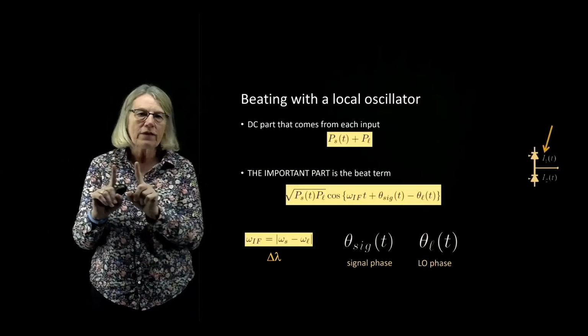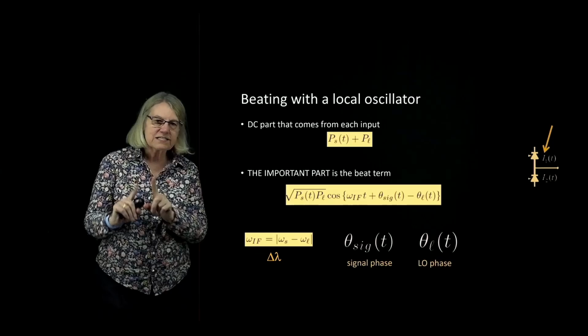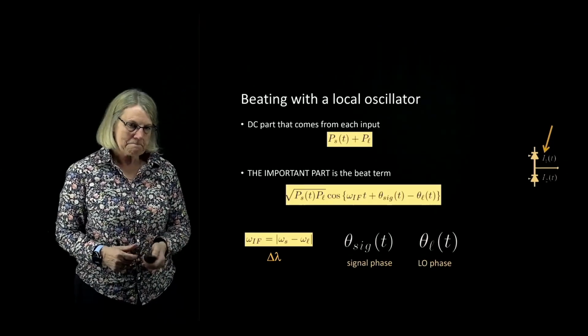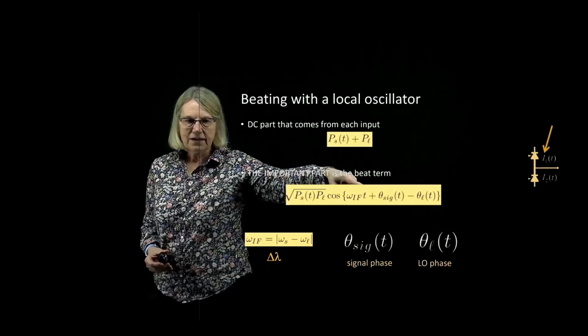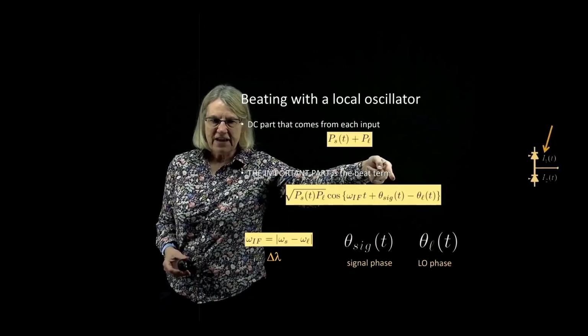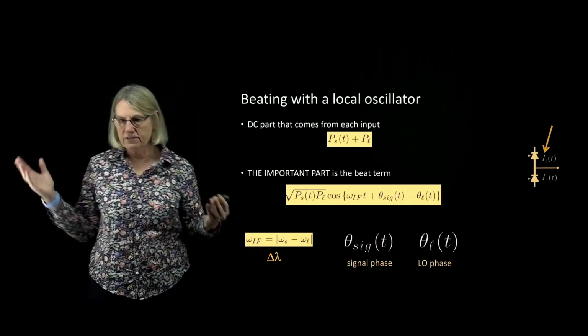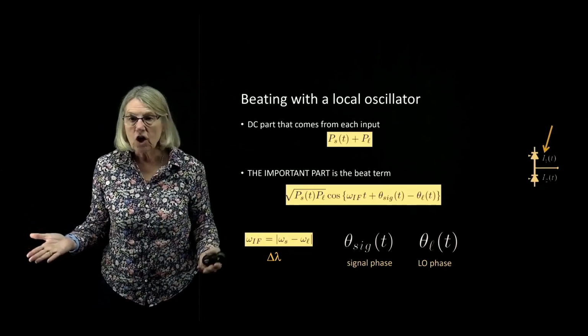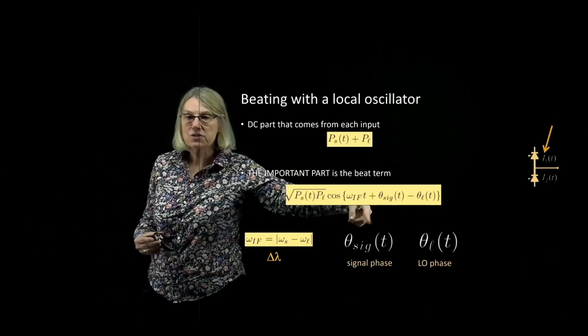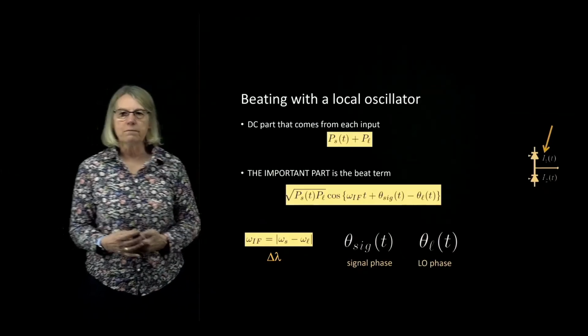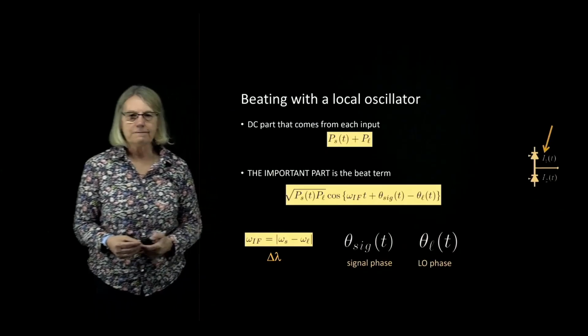And depending on what that difference in wavelength is, I'm going to have some intermediate frequency that's coming there. Then, of course, after the intermediate frequency, I've got the phase of the signal and the phase of the local oscillator, and due to the square law of detection, the inner product, it's the difference between these phases that I'm going to see, just like it's the difference between the frequencies that I saw.